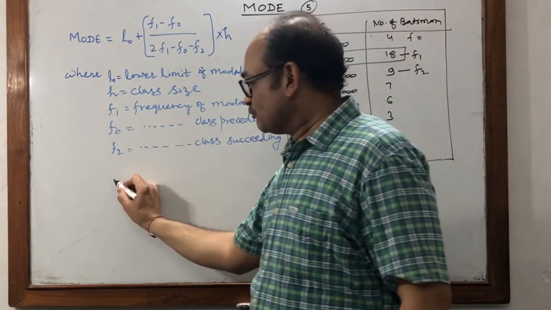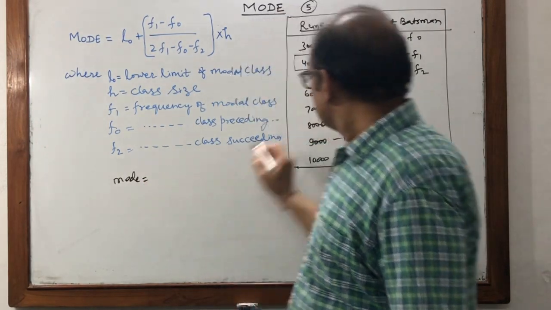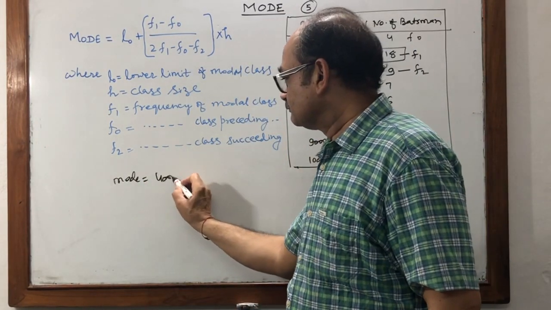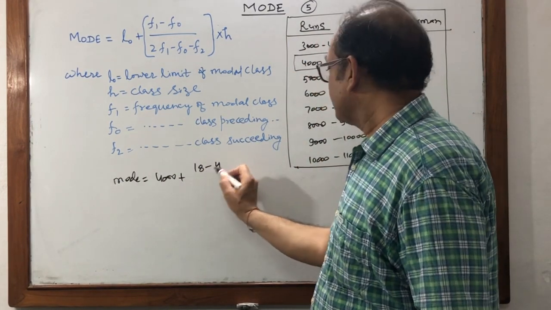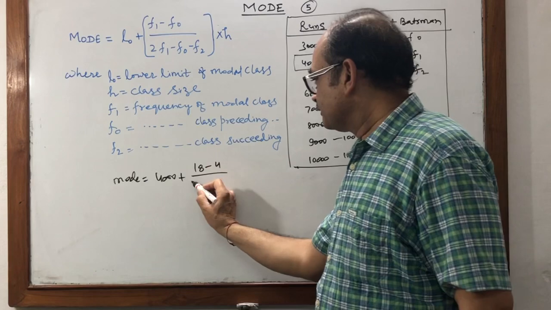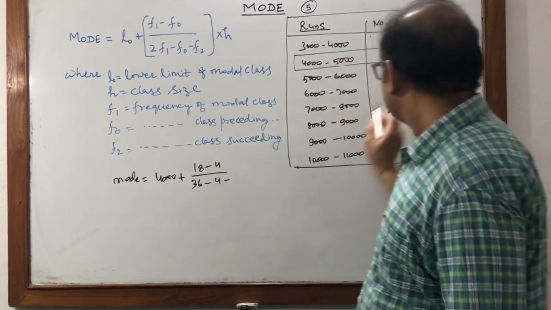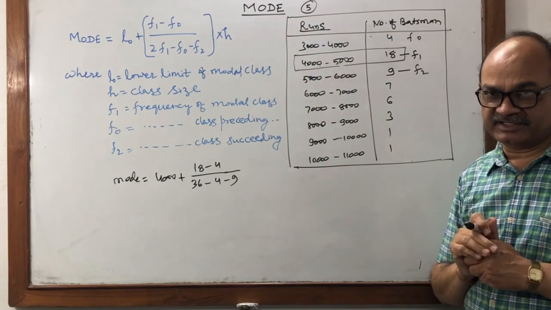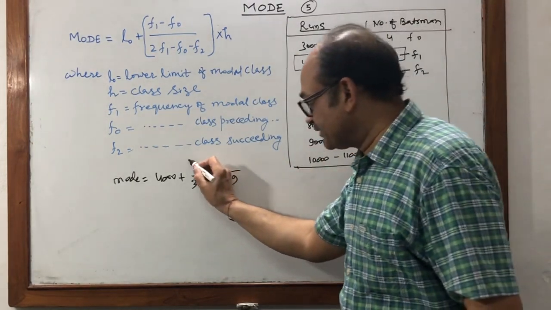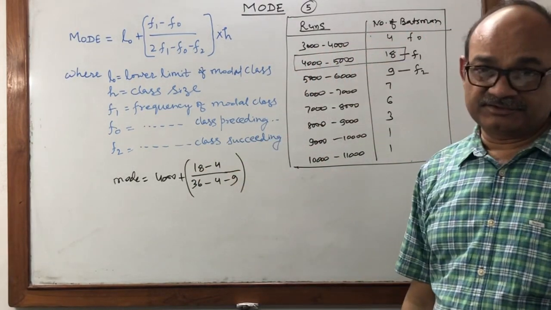So here we start with mode. L0, F1 minus F0 divided by double F1, that is 2 times 18, minus 4 and minus 9. Each and everything must be very clear. An important point again, what I am saying, always use bracket, very important.